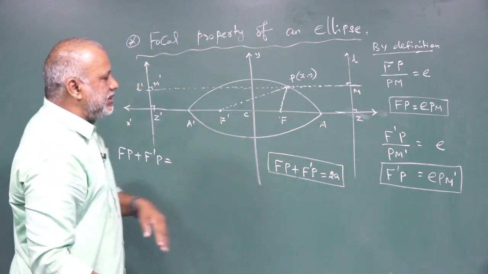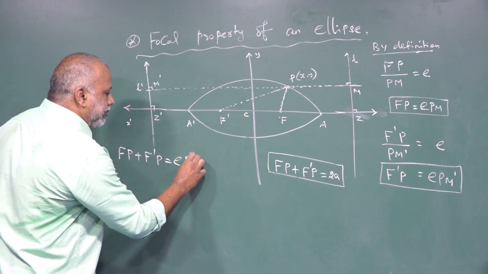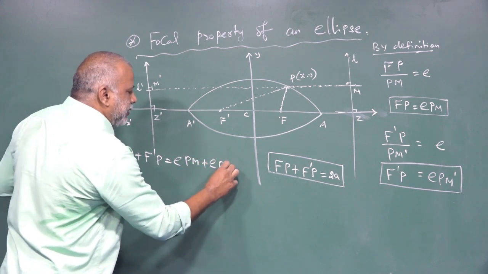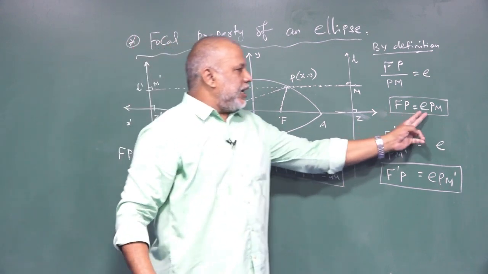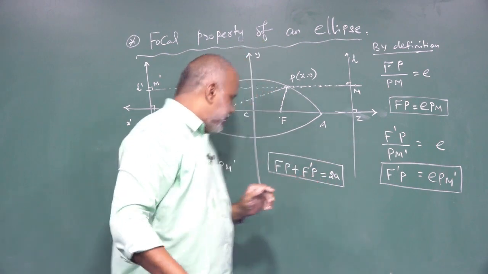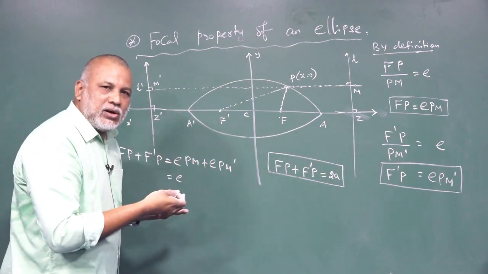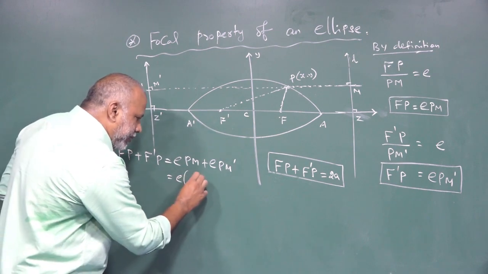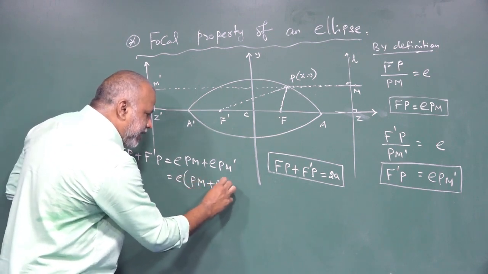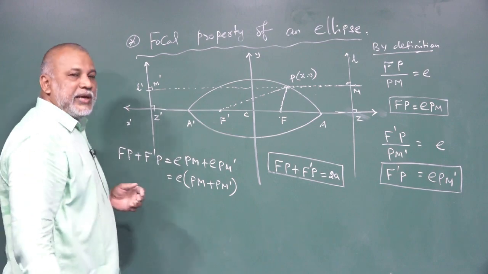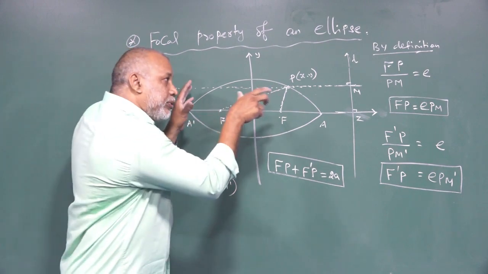On your RHS, see, E times PM plus E times PM dash. In this, I am going to take out E as common. What is the remaining? PM plus PM dash. See your board.